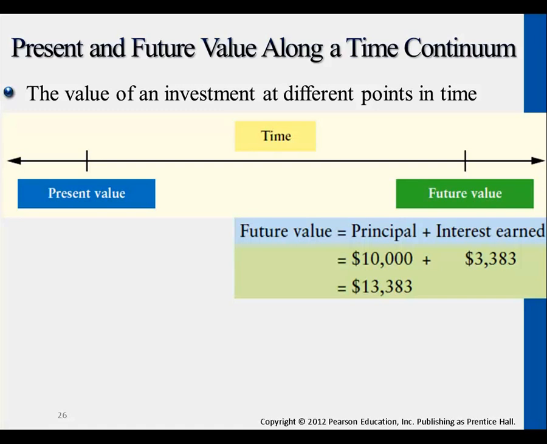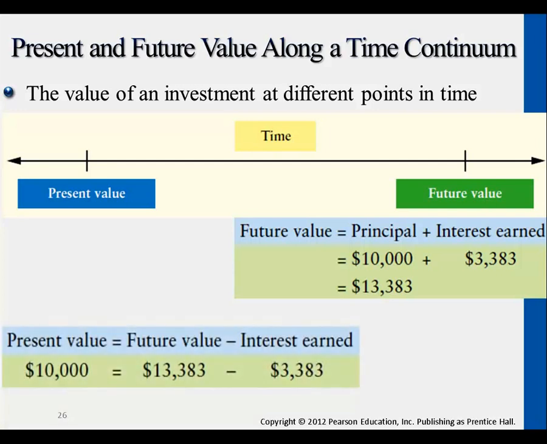So how do I find what the present value is? I take my future value and I subtract my interest earned. Okay? So your present value is your principal. If we look at the numbers, our principal we said is 10,000. Hypothetical interest earned is 3,383.